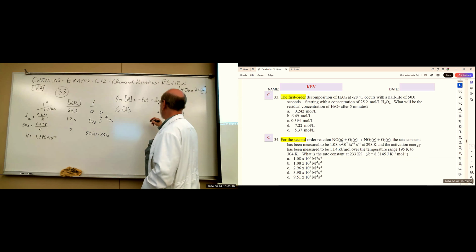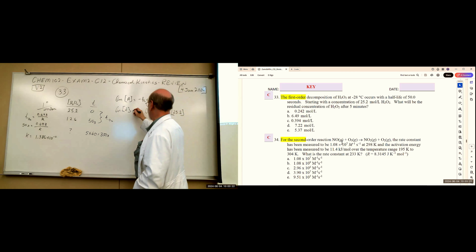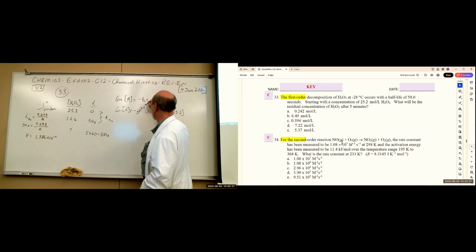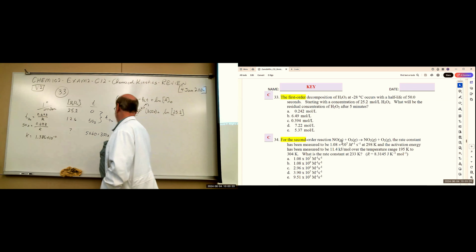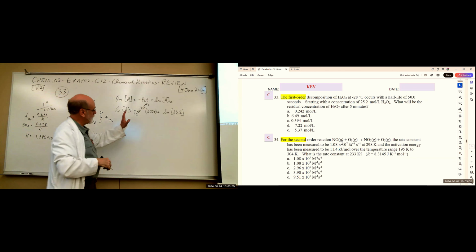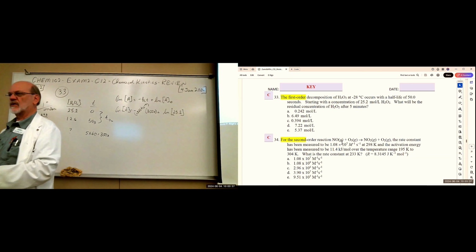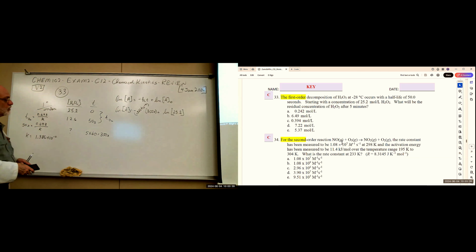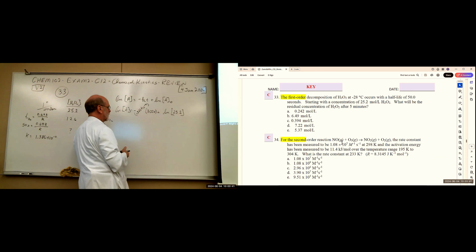Okay. Time is 300 seconds. And minus K, K is 1.386 times 10 to the minus 2. There we go. So we can resolve this whole side over here. Let's do that first. There are no variables left open over here.